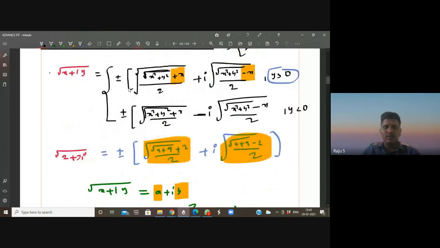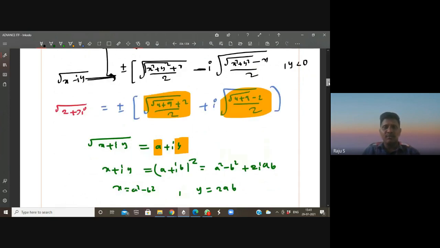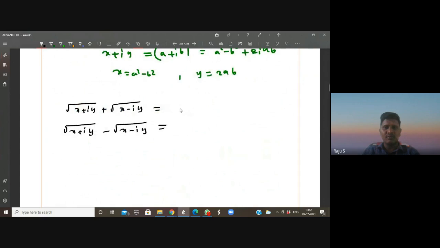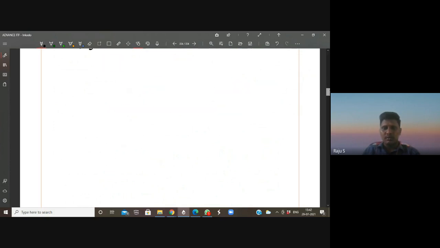When we are adding these two, this is root over x plus iota y formula and root over x minus iota y formula, with y greater than 0 and y lesser than 0. When we are adding and when we are subtracting, we get some result that you have to write. Okay, students? This we can do, simple.